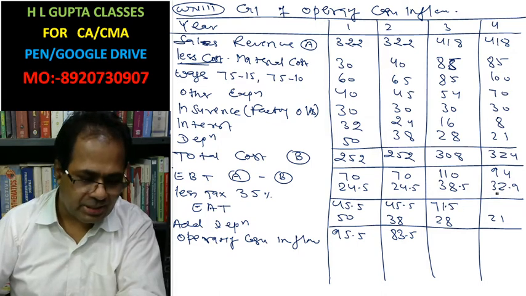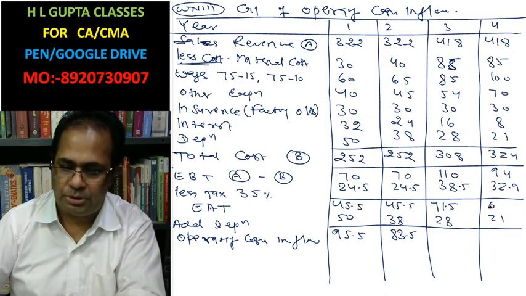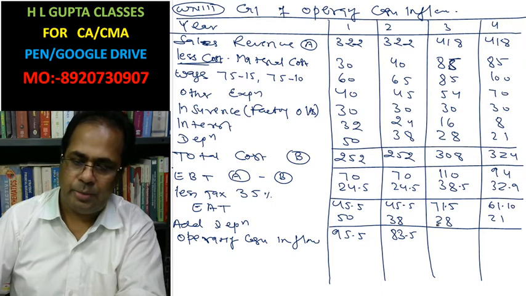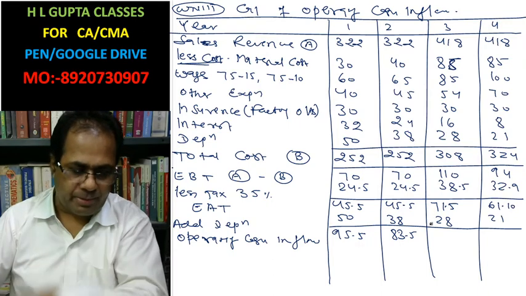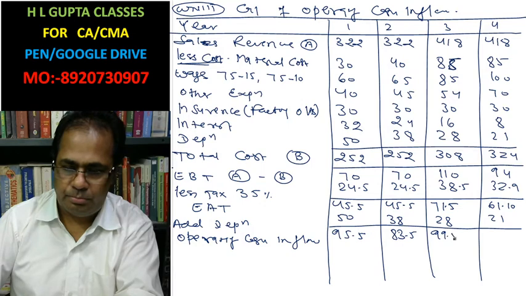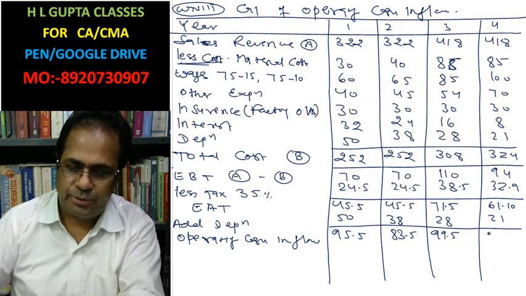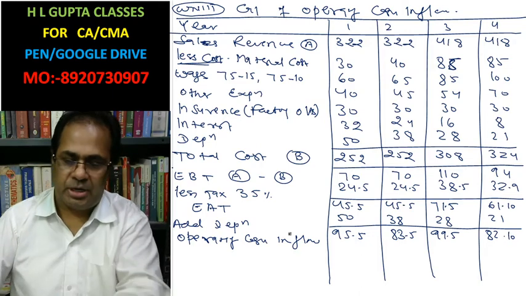After subtracting 8, 61.1. Now adding these, 83.5, 99.5, this is 82.1. This is the operating cash inflow.